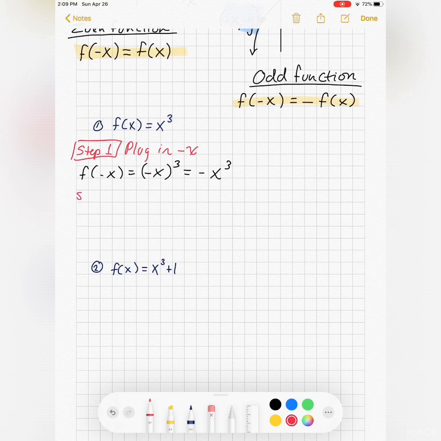Then step two is to compare. I'm really looking at two things: even and odd.